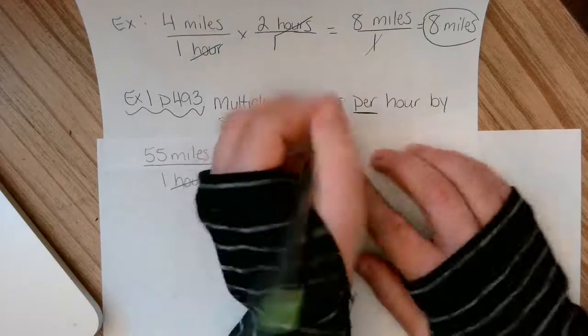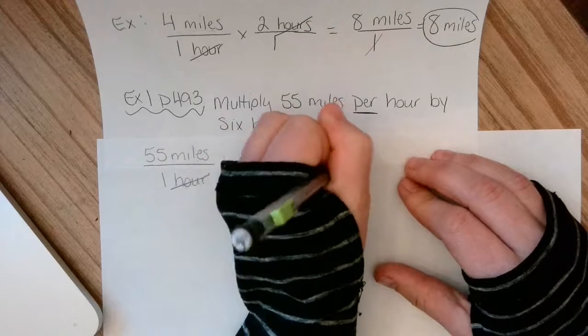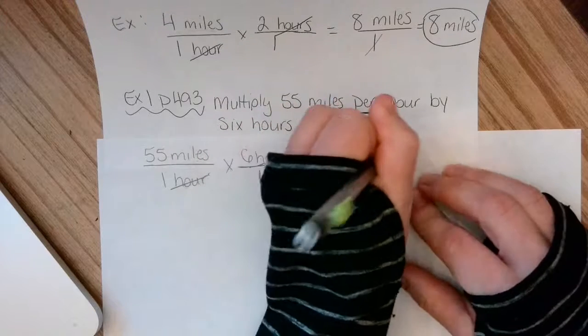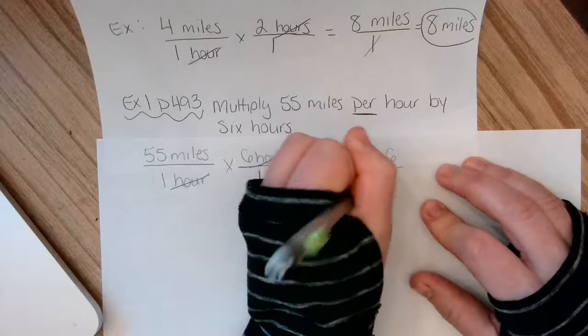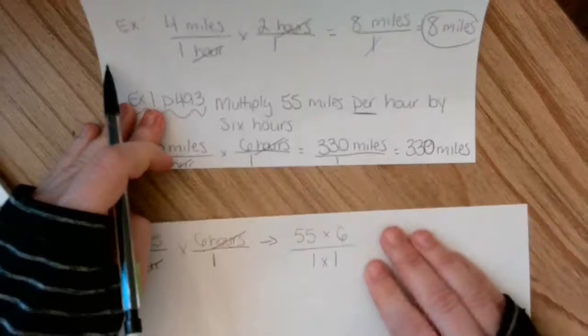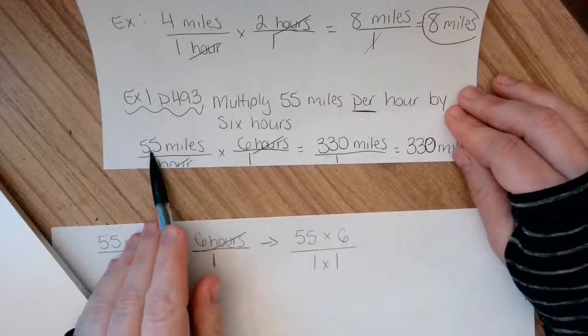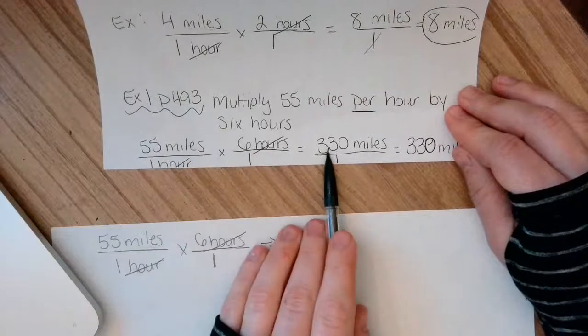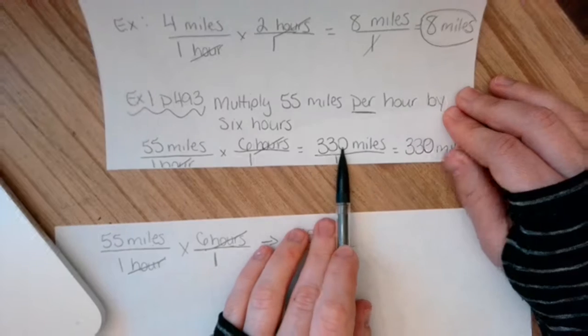And then I'm going to multiply 55 times 6 and then 1 times 1. Okay, which I can show you that. So 55 times 6 gave me 330.